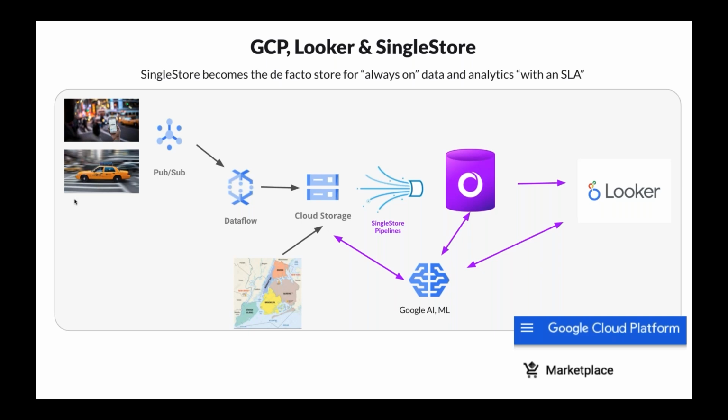The drivers is a streaming data source that has drivers' names and their locations, and trips, pretty self-explanatory, is also streaming and maps out the coordinates for a ride. Both of these are streaming sources that will be ingested into the Pub/Sub service.